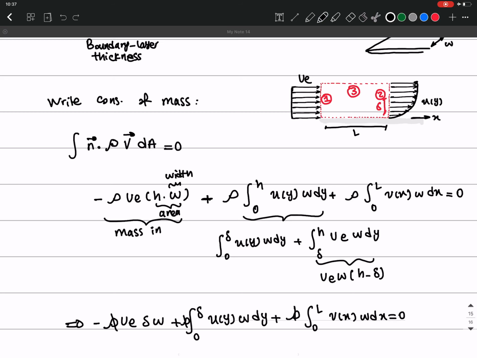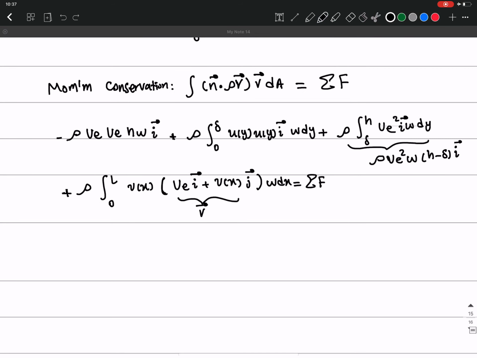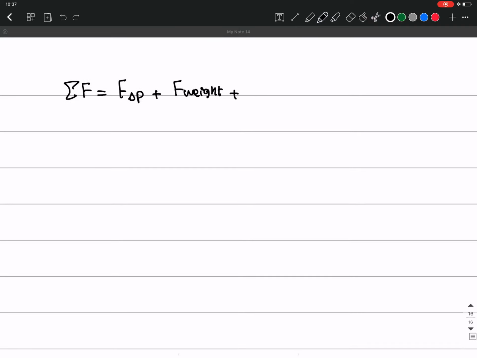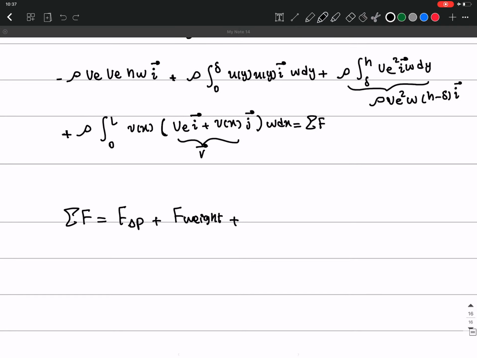This is just this part that I've written. Okay. So let's see what are the sum of the forces. So the sum of the forces here is first the pressure gradient difference forces. Then we have the weight of the fluid. Then we have the external forces, so we don't have any external forces on this. And then the next thing we have is two forces.